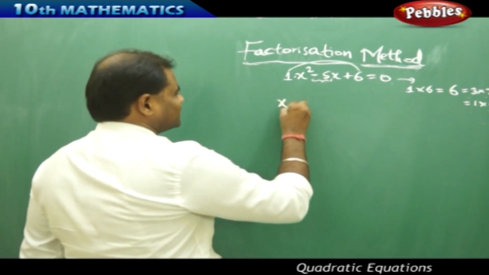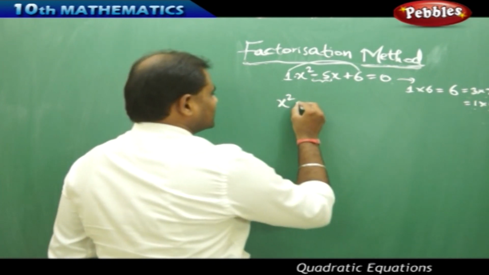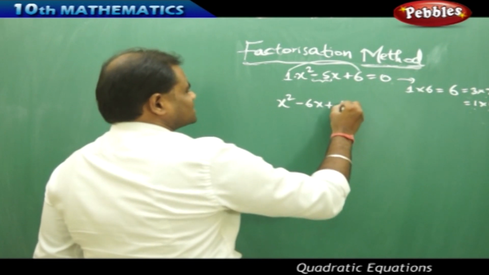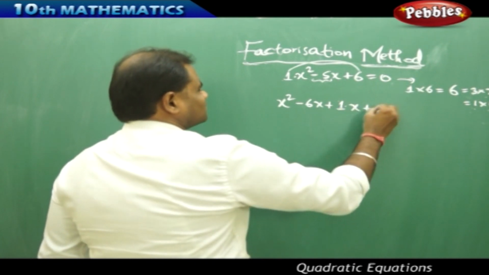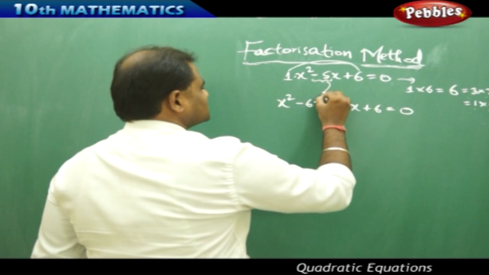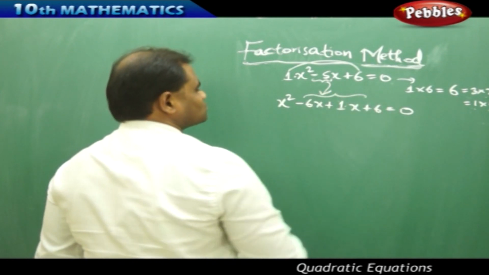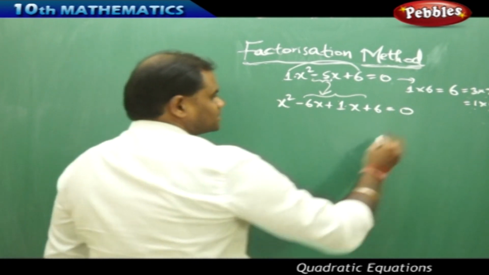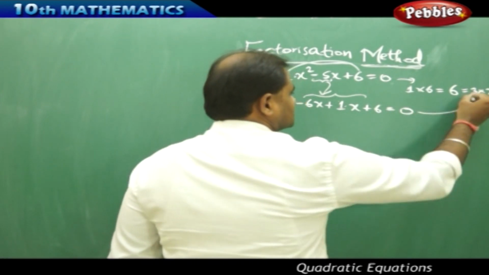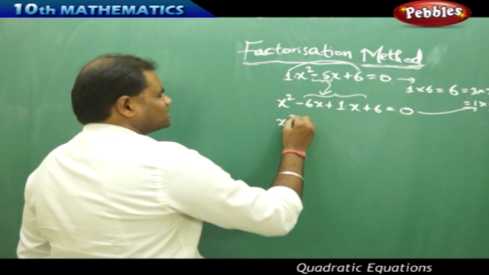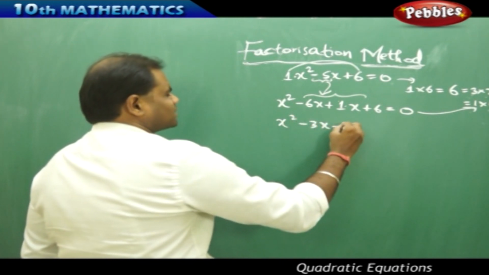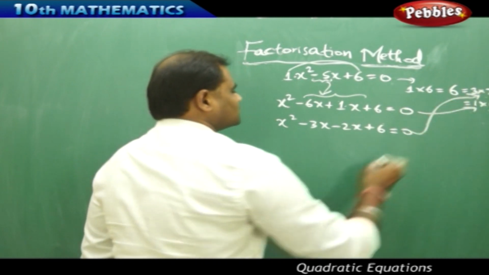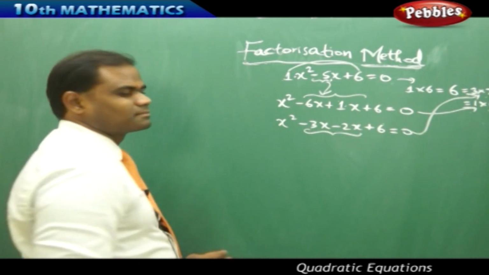If I take 1 and 6, then I can write this as x squared minus 6x plus 1x plus 6 equal to 0, split along the two factors minus 6 and 1. Again, let me take the second factors 3 and 2, where this can be split as x squared minus 3x minus 2x plus 6 equal to 0.